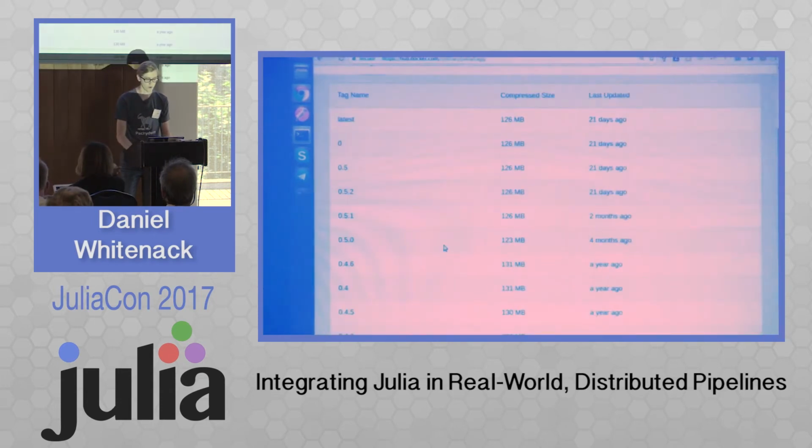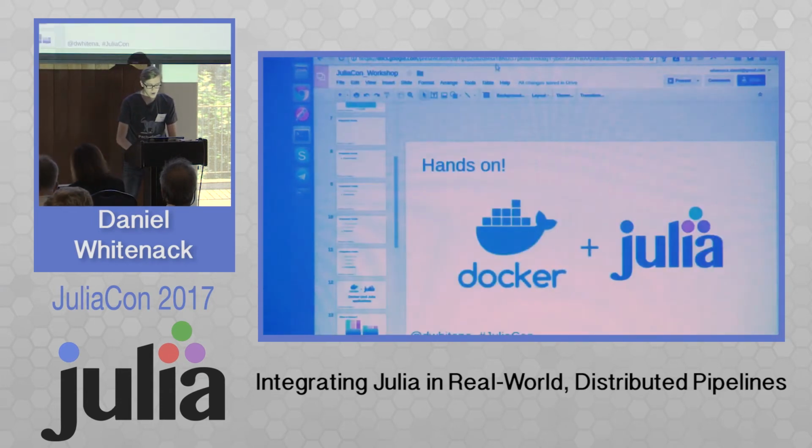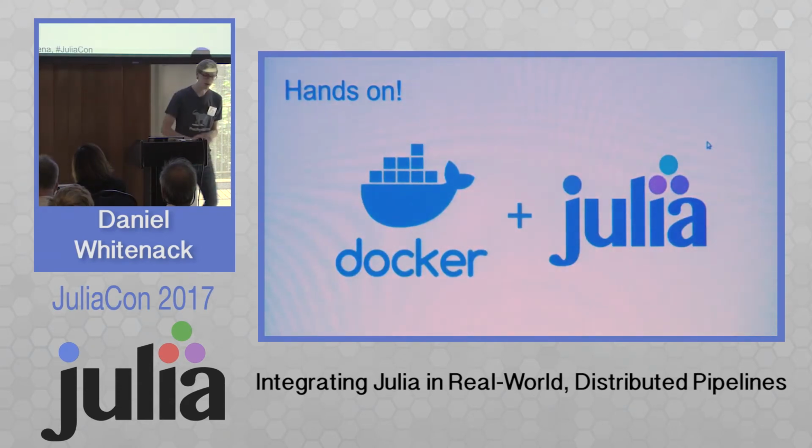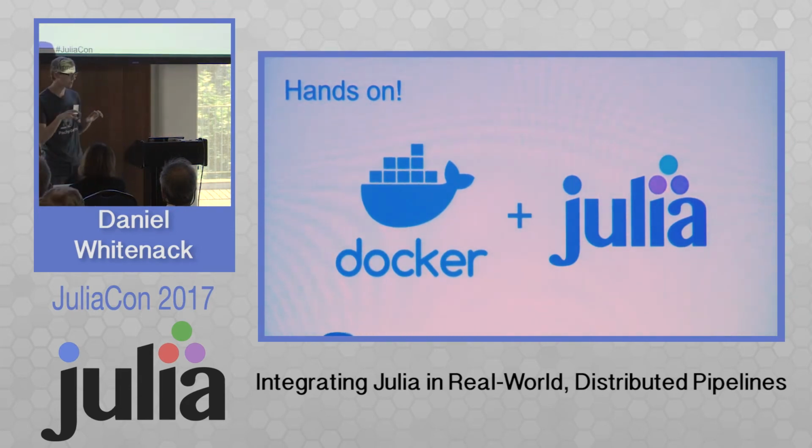Let's go back here. So we've now talked about Docker and Julia and shown kind of how to build a Docker image, although we didn't all do it, but I promise you guys will be doing stuff here in a second.